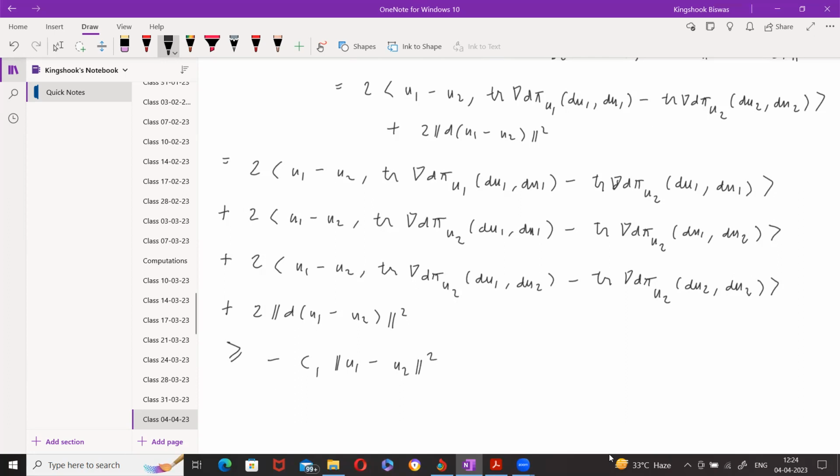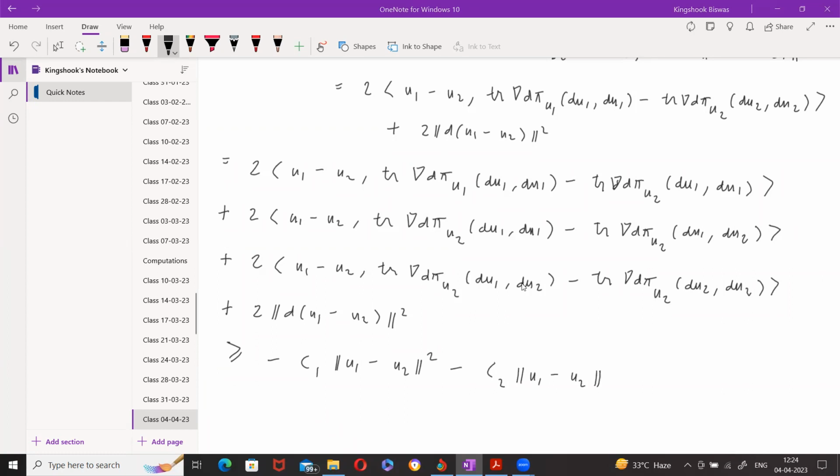Because I'll get one norm u1 minus u2 from here, and from here I'll get another norm u1 minus u2, right? Okay. So this constant will depend on the third derivative of the map pi, but that is bounded. Okay. And then the second term here will give me a minus a constant C2 times norm u1 minus u2.